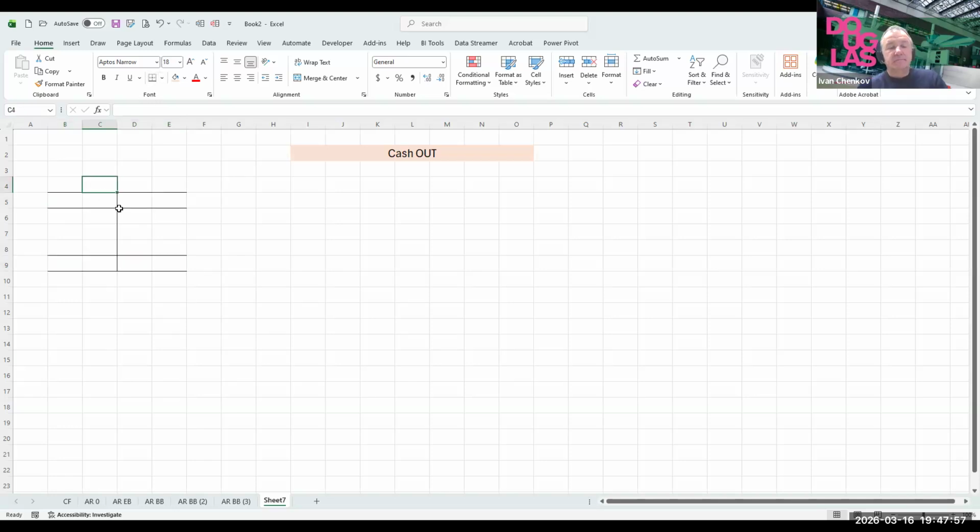That's our cash. That will be my debit, and that will be my credit here. As we said, beginning balance, and we're going to have the ending balance.